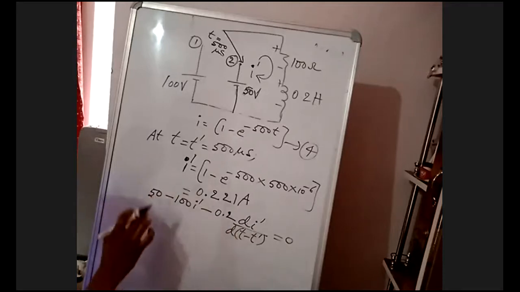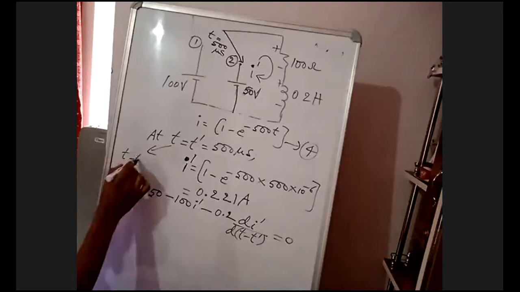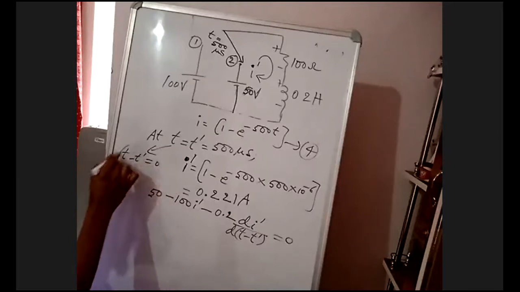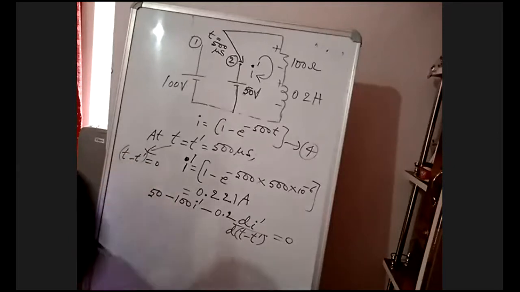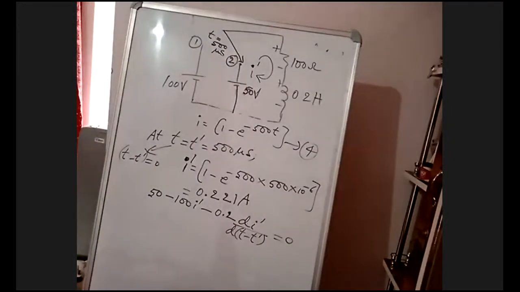Why I am taking t minus t dash: previously t is equal to 0. Now I am taking t minus t dash. It is not t is equal to 0 now. It is moved to position 2 at t is equal to t dash.